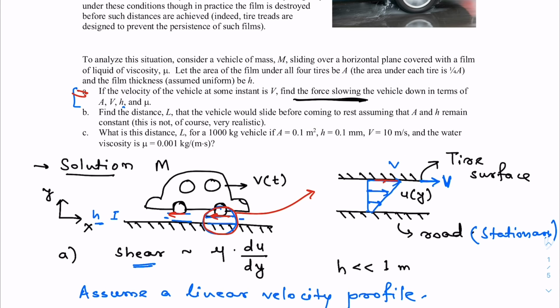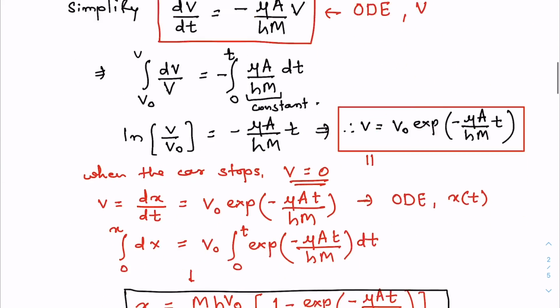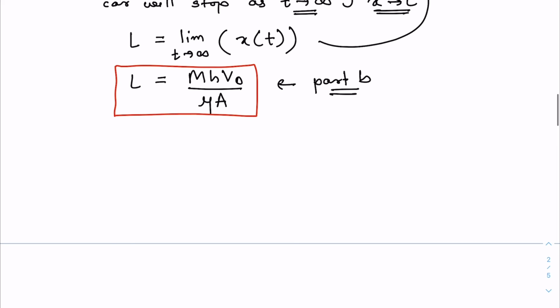We just need to substitute all these values in the expression we just found for the stopping distance L. If you substitute, you get 1000 kg mass. H is 0.1 millimeters, which is 0.1 times 10 to the power minus 3 meter.